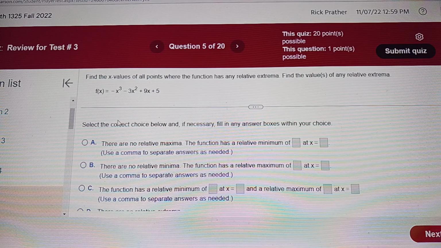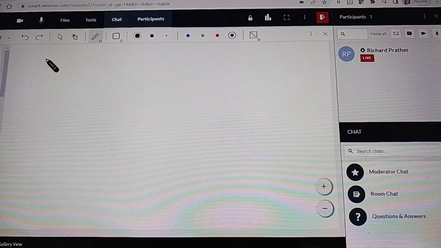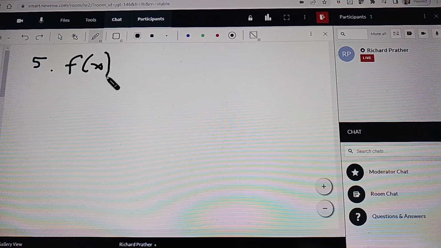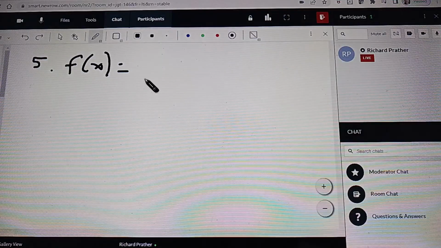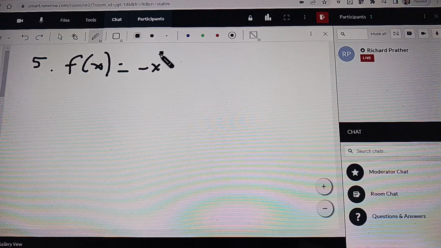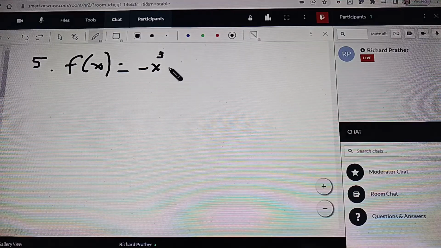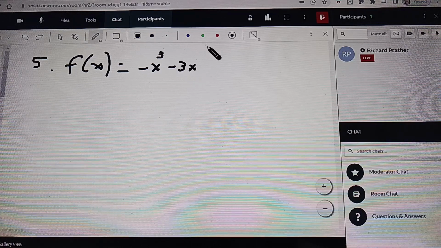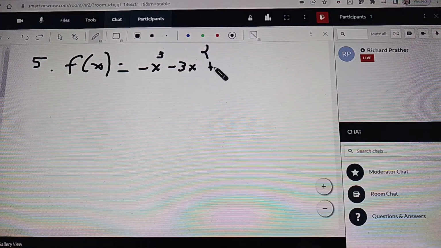Okay, so now we're doing problems like 2 and 3, except now they actually do want the extrema as well, but we really do what we did in problems 2 and 3 first when we look for increasing and decreasing portions. So f of x in number 5 is negative x cubed minus 3x squared plus 9x plus 5.